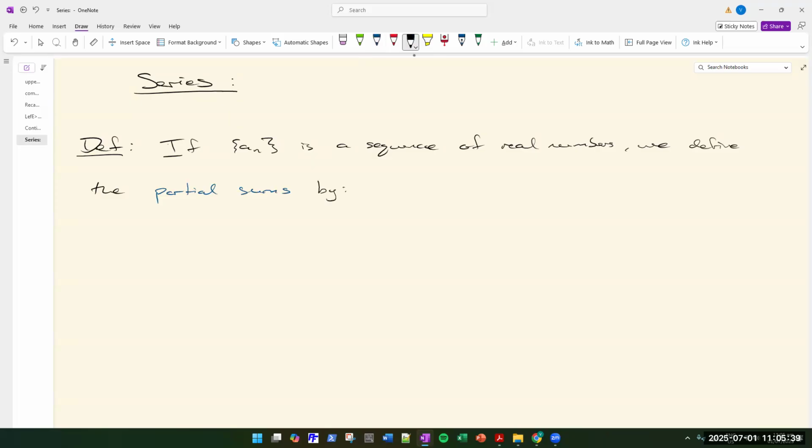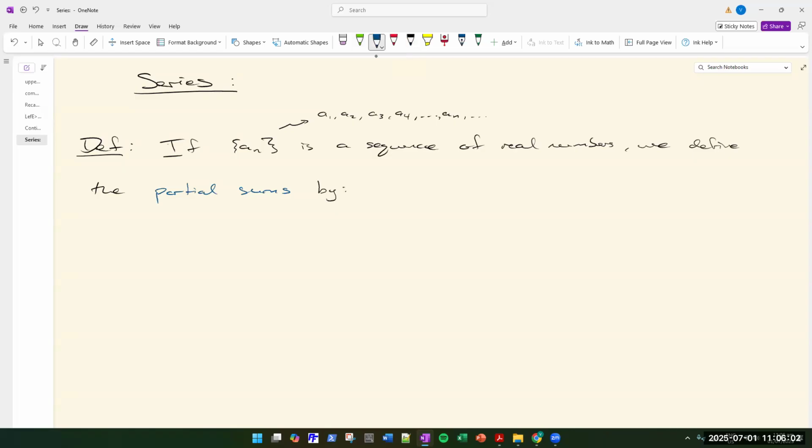I remember what the partial sum was. Let's write it out. This is, of course, a1, a2, a3, a4, and so on, a_n, and we keep going.